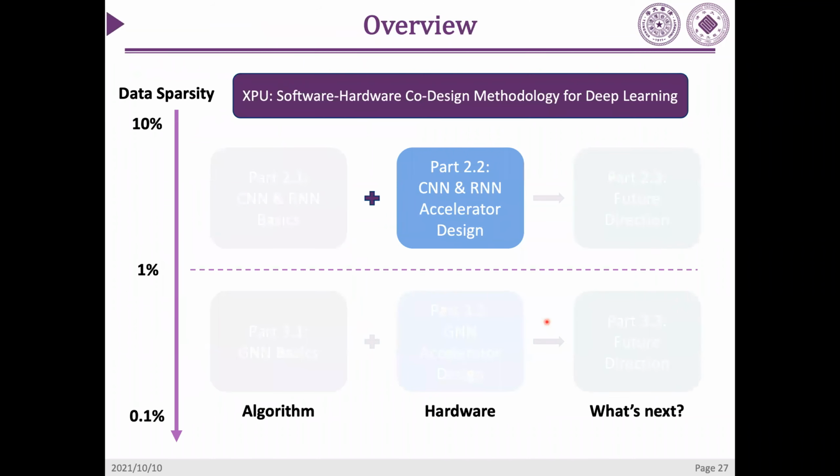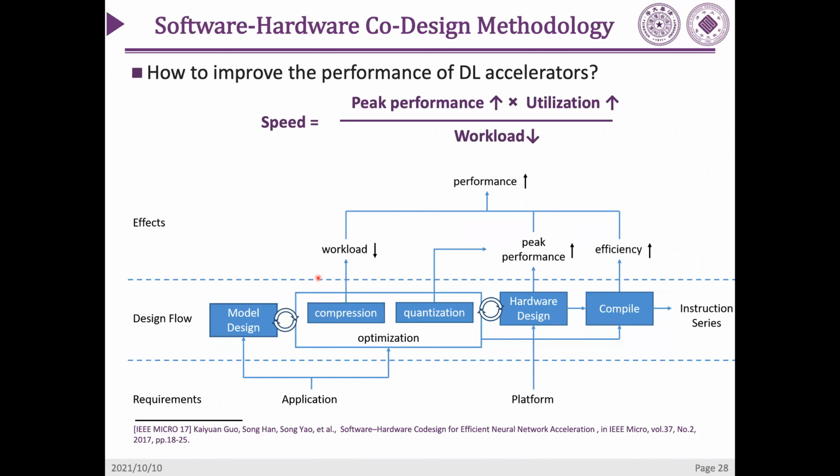Okay, so we go inside the CNN and RNN accelerator design part. As we just explained, speed equals peak performance improvement and utilization improvement, and the workload decrease. Think about a room which only contains 10 workers, the big workers.